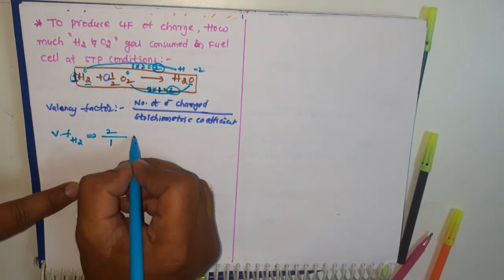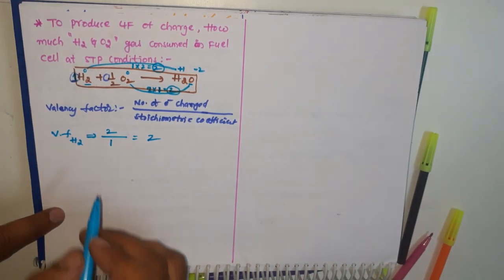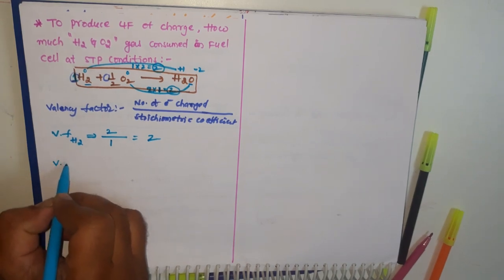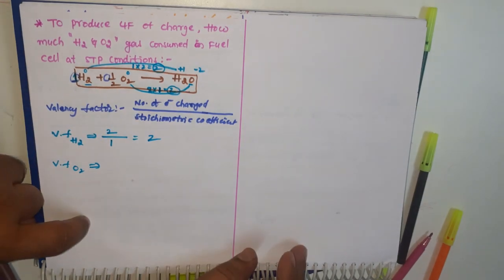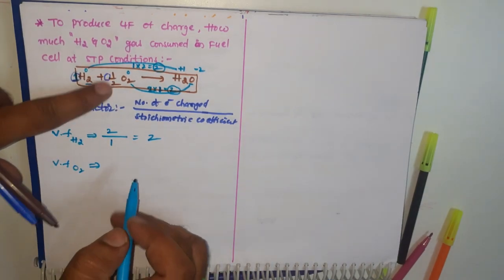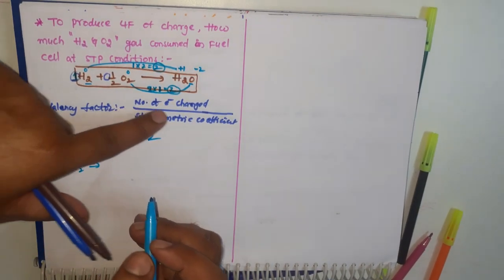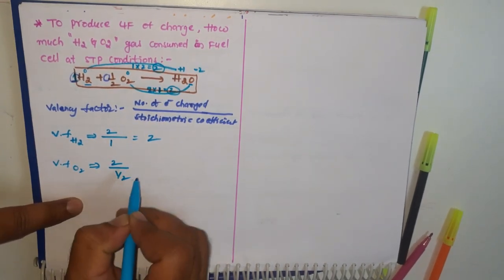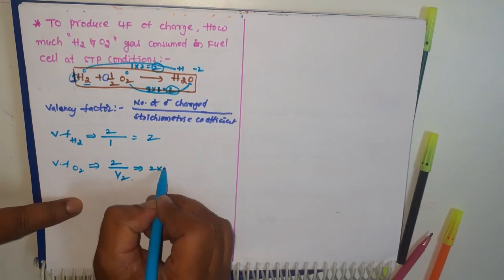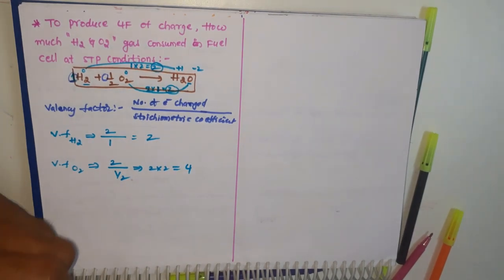So 2 by 1 is 2. In the same way, the valency factor of oxygen: the coefficient in the reaction is half, and the number of electrons changed is 2. So 2 by 1 by 2, that is 2 into 2, which is 4.